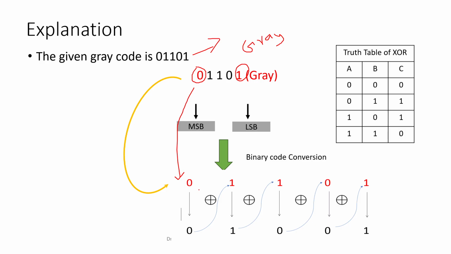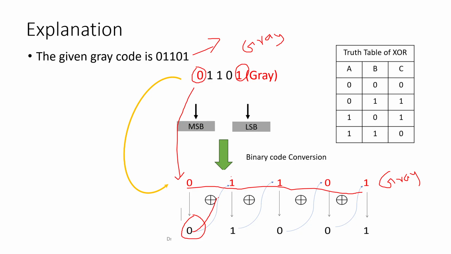When converting into binary, we keep the MSB as it is. For the next bit, we take the XOR of the result of the first binary bit and the next gray bit.